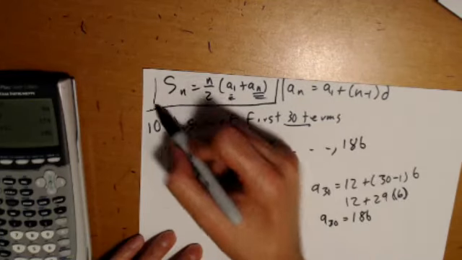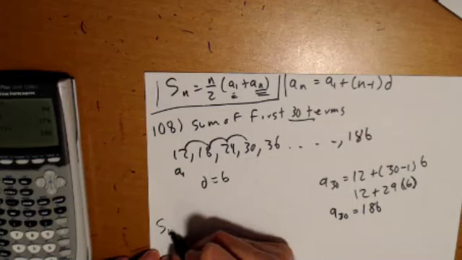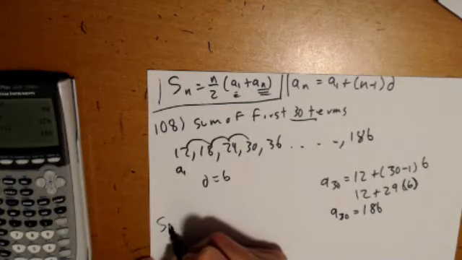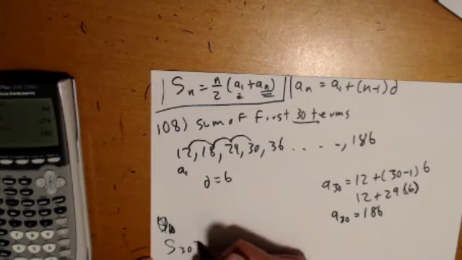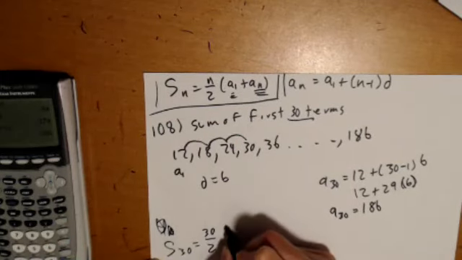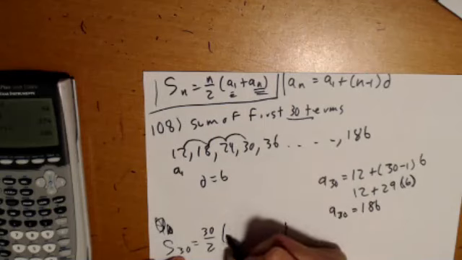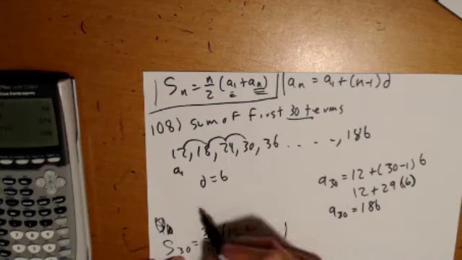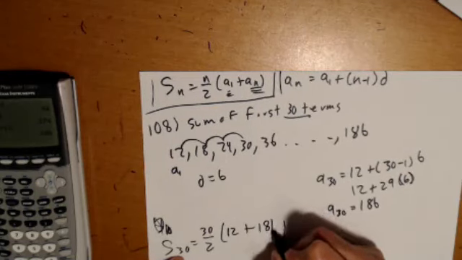So now my sum formula says if I add up the first 30 guys, the sum of the first 30 should be equal to n over 2, 30 over 2, the first guy A1 plus the last guy A30, 186.